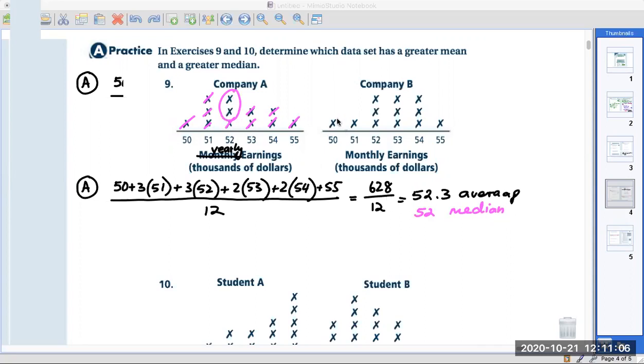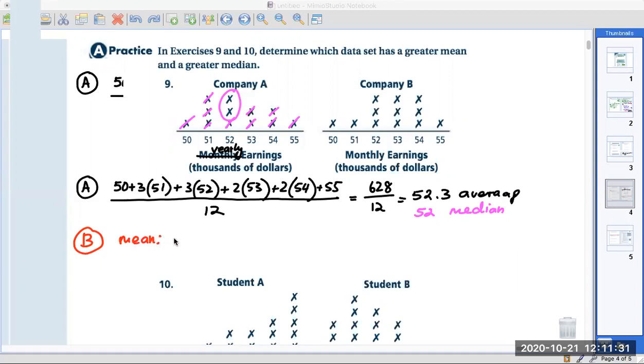So then on this one here, Company B, I want to pick some color that is interesting. The average, I'm just going to write it out because you know how to do it by now, I hope.